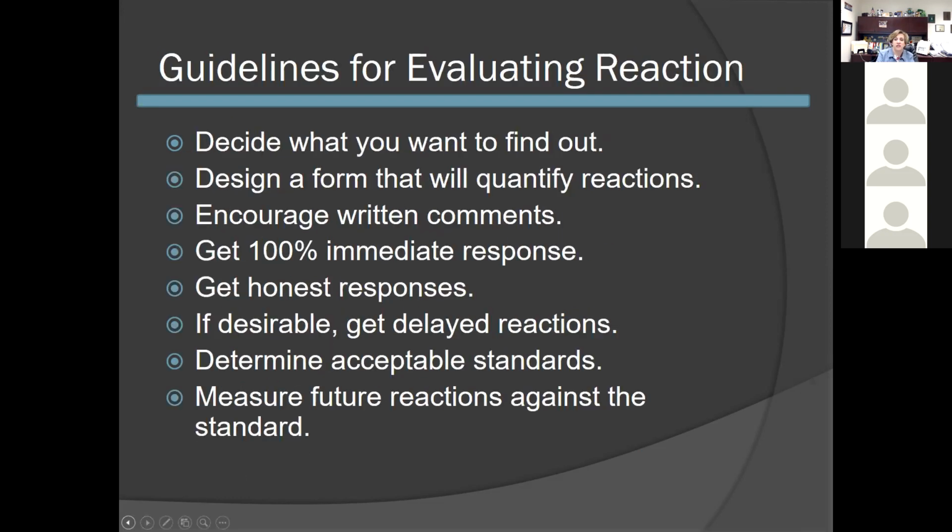So any questions on level 1? This is probably going to be 95% of the surveys or evaluations that you do, which is fine. We can still show impact from those.